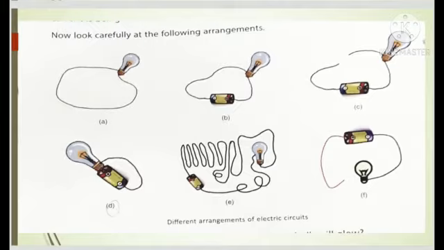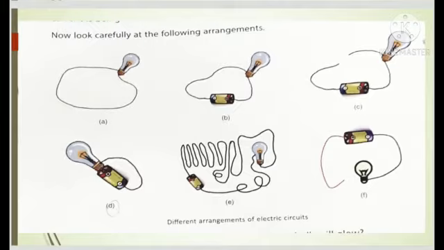But what about the fifth and sixth one? In the fifth case, the path is a closed one made by the connecting wires, electric cell and bulb, but one of the connecting wires is attached to the glass covering, and glass is an insulator of electricity, so the bulb will not glow.